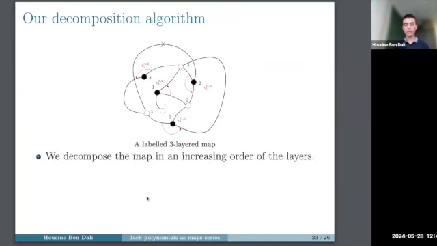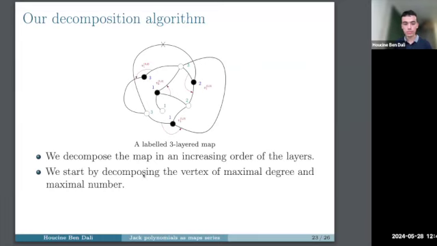So we use a different kind of decomposition algorithm, which uses the structure of layers of the map. More precisely, we decompose the map in increasing order of the layers. So each time we decompose the layer of the smallest index. Here we have 3 layers of indices 1, 2, 3, and we start by deleting all the vertices in layer 1, then 2, and then 3.